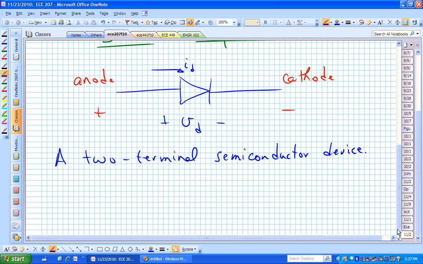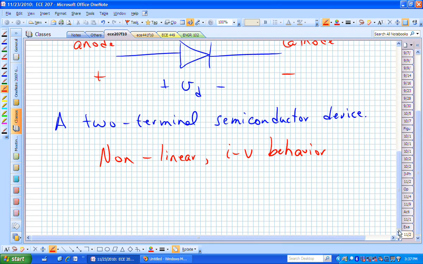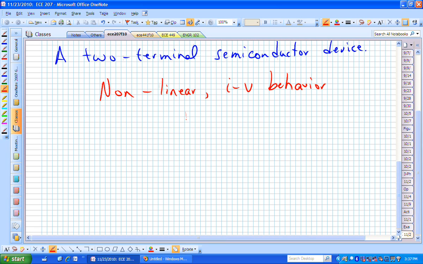This particular component actually has a nonlinear current voltage behavior. In particular, if this is our axis, here is the voltage across the diode as I had just sketched, and here is the current through that diode.